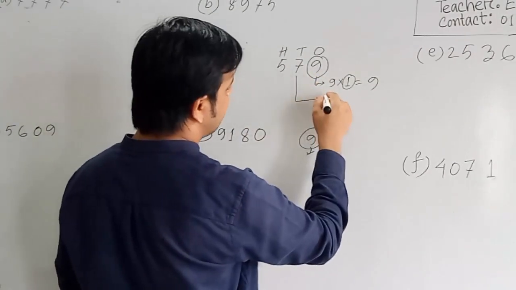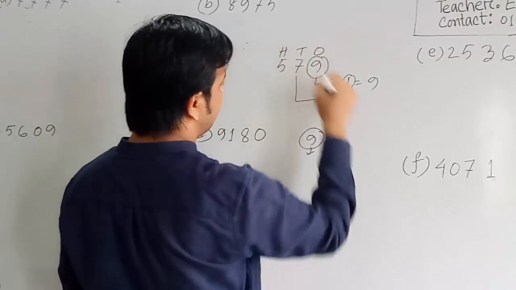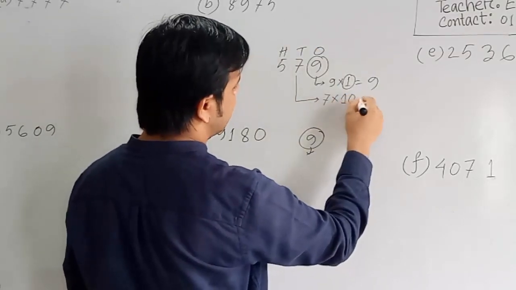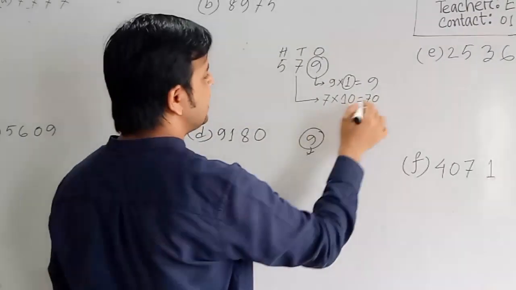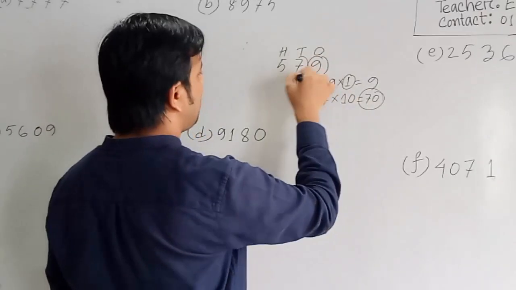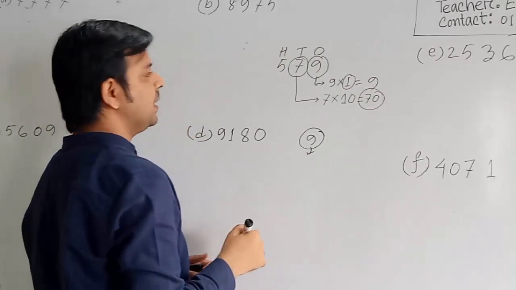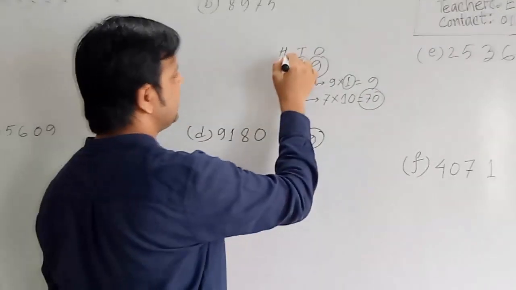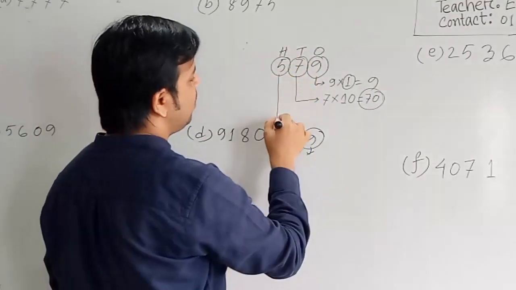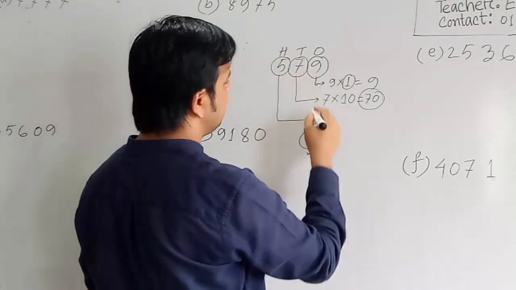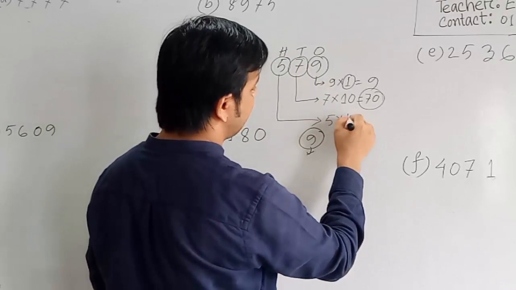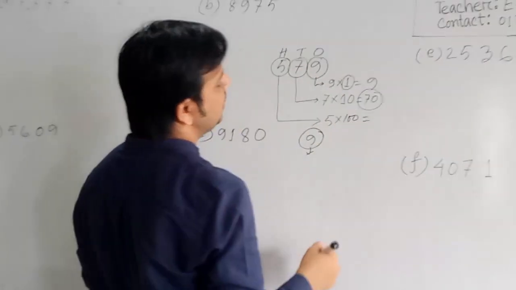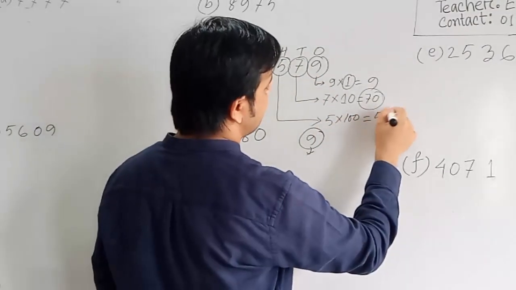And the value of 7 is, as 7 is in tens position, we have to multiply by 10. It will be 7 tens are 70. So the value of 7 in this number is 70. And the value of 5 in this number, 5 is in hundreds position, so we have to multiply 5 by 100. We will get 500.